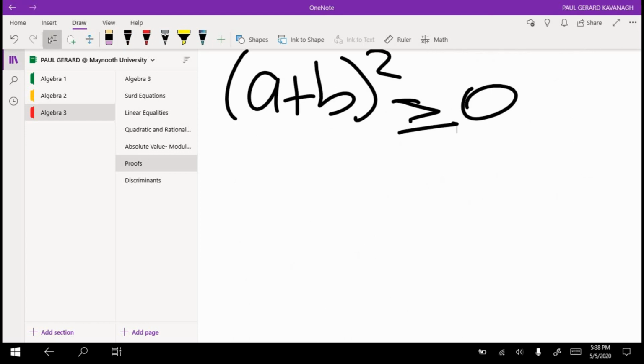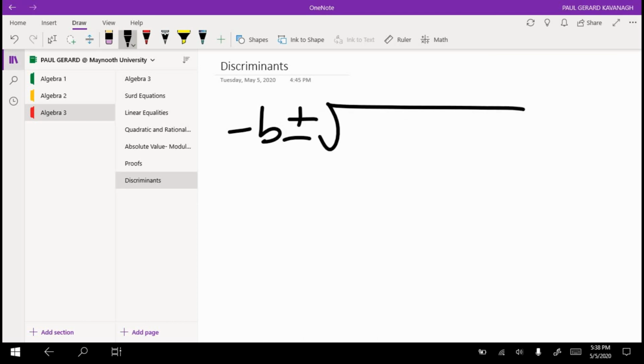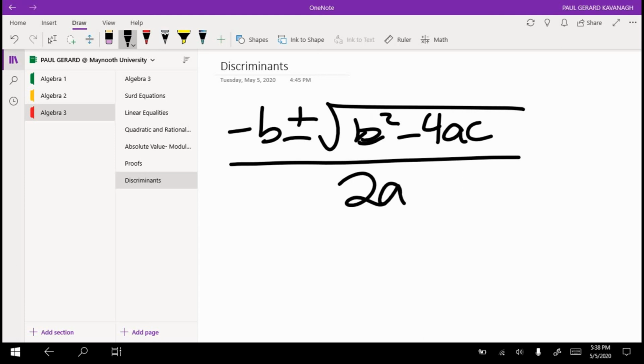That was very quick. Discriminants. What discriminants are is basically, okay, let's just look at this first of all. So when we were talking about solving roots, I gave you this formula. I keep forgetting the plus and minus. Plus minus square root of b squared minus 4ac all over 2a. So basically what this means is solving its roots.